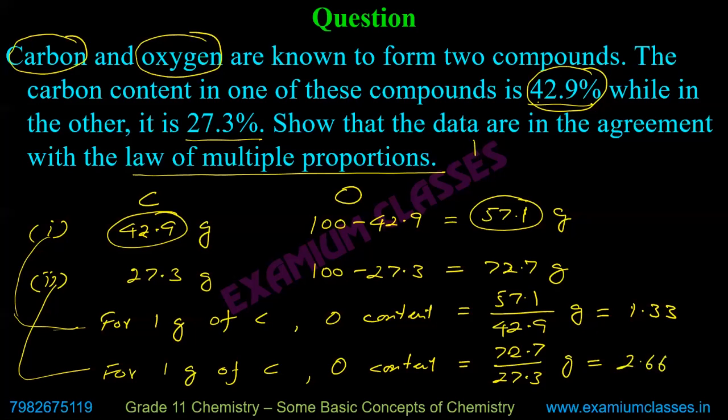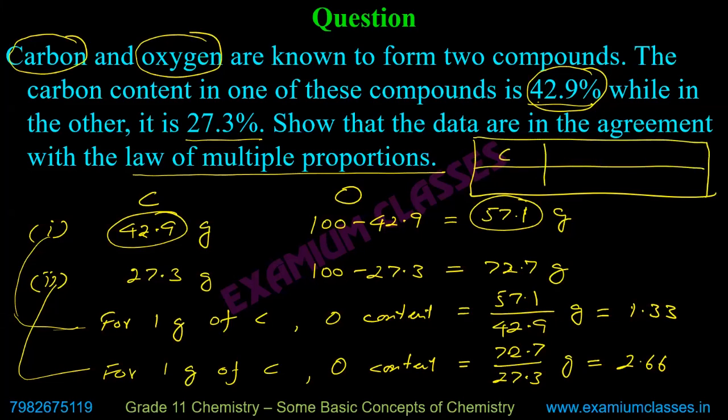Now make the table: carbon, oxygen. For 1 gram of carbon in each, in the first case, oxygen is 1.33, in the other case 2.66. And the ratio of these two is a simple whole ratio.